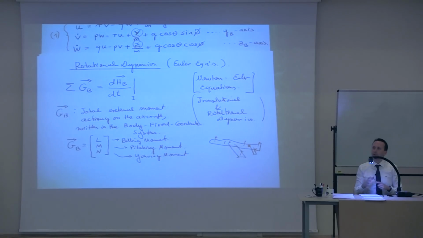Now, when you say pure moment, it's always a little funny, right? There's not really a pure moment. There are just forces, and if you add them together, you might get a moment, and you move the moment to a certain place, and so on and so forth. So the reason I'm saying this, everything's around the CG.